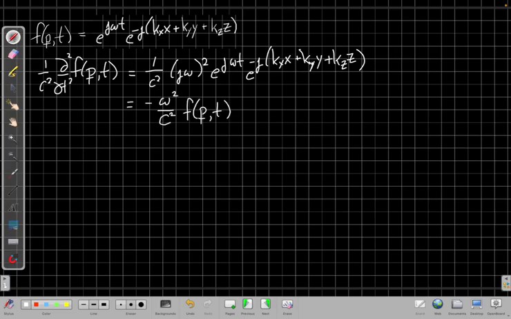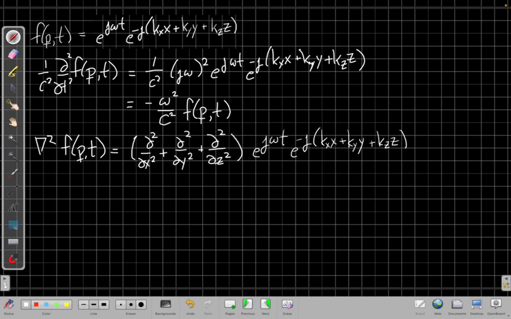Okay, so that's one side of the wave equation. Now I'm turning my attention to the other side. I'm going to do the del squared of f, which as we wrote a minute ago is just the sum of the three partial derivatives in the Cartesian coordinates. Plugging in for f, I get this. If I take the second partial with respect to x, I'll ignore the e to the j omega t because it has no x dependence.